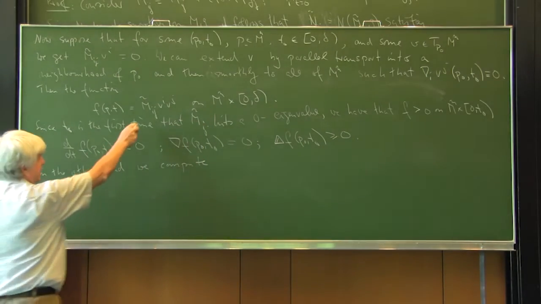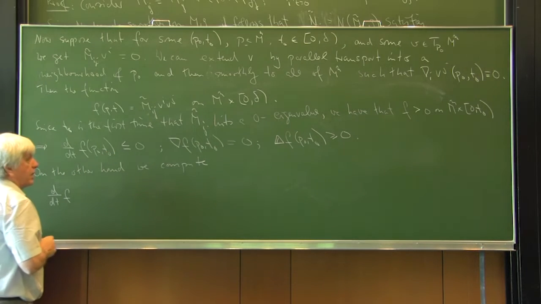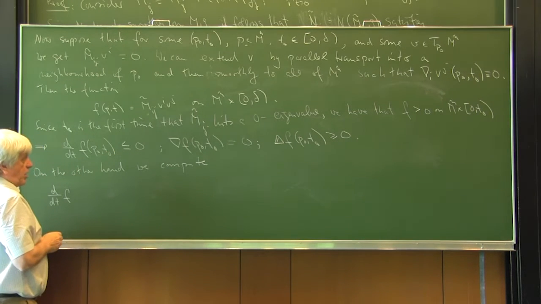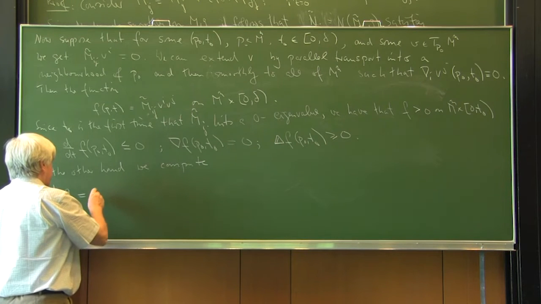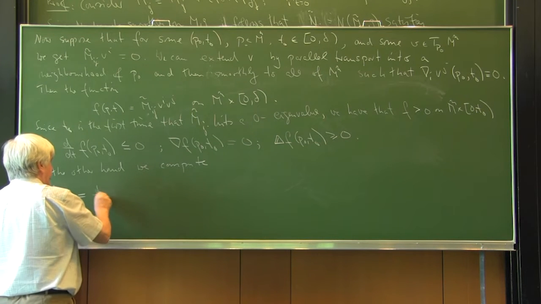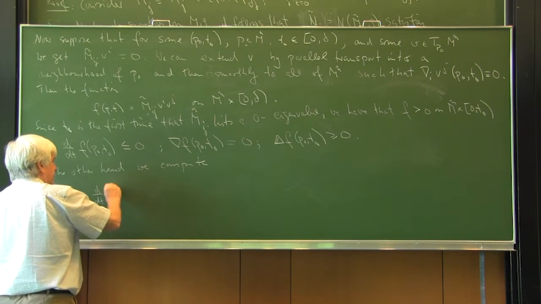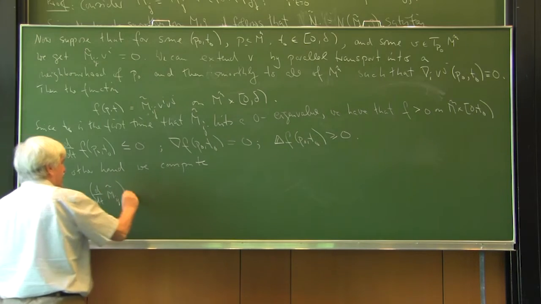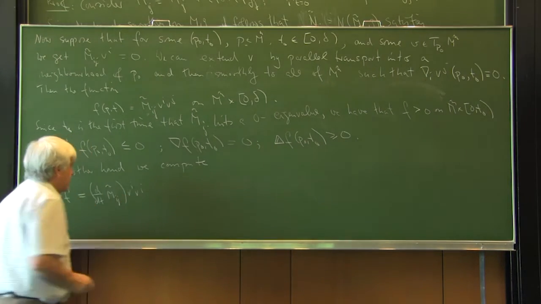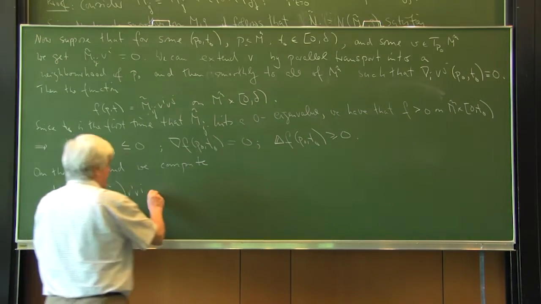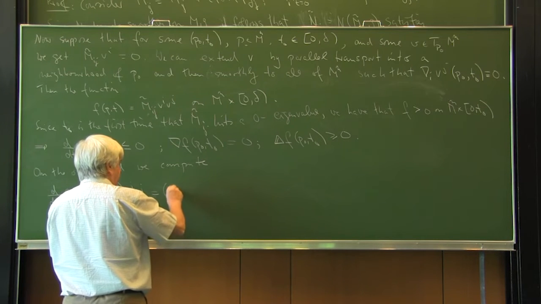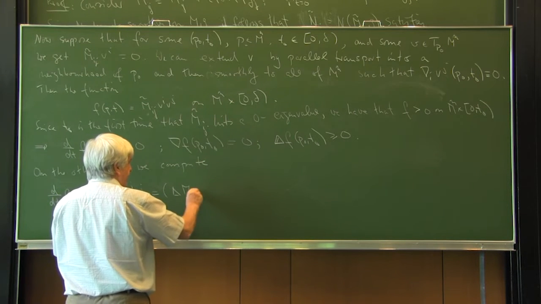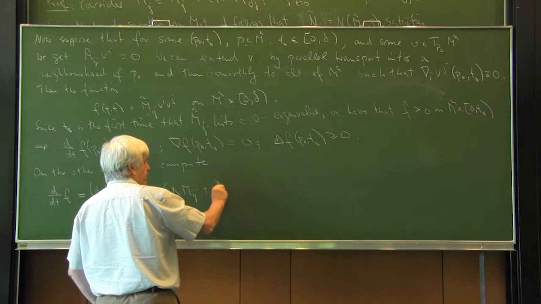So the only time derivative we have to take into account is the time derivative of m tilde ij. So we get here the time derivative of m tilde ij times vi vj, and this is of course the time derivative of m, and that's our evolution equation.